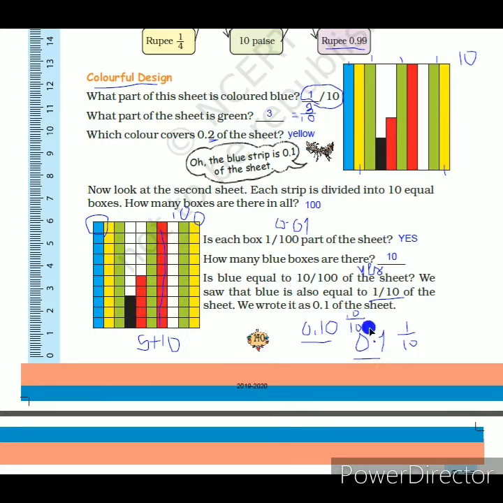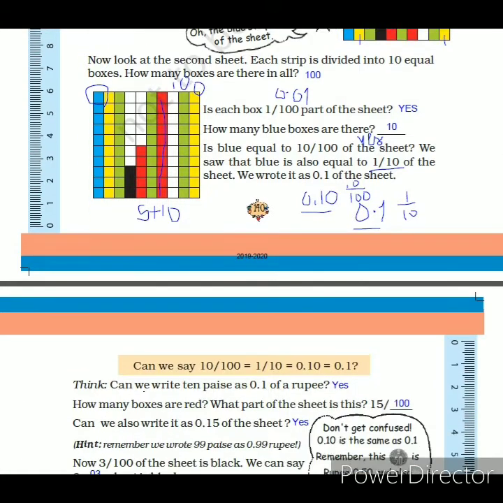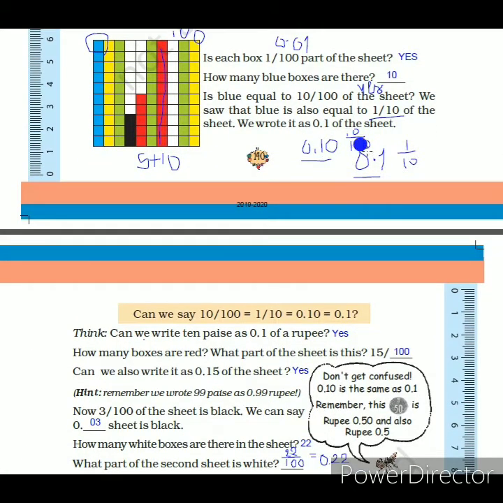If we write 10 by 100 in decimal form, we can write 0.10. That means if the denominator is 100, there should be two numbers after the decimal point. The next one is 1 by 10.